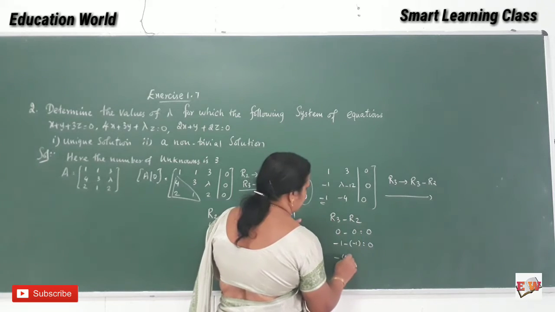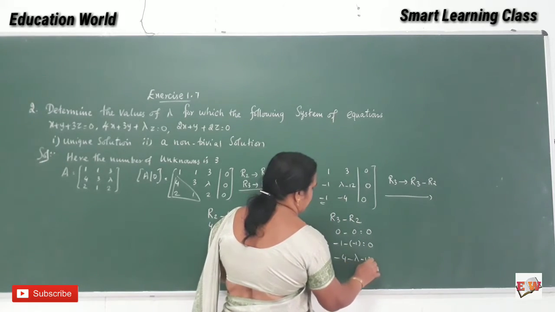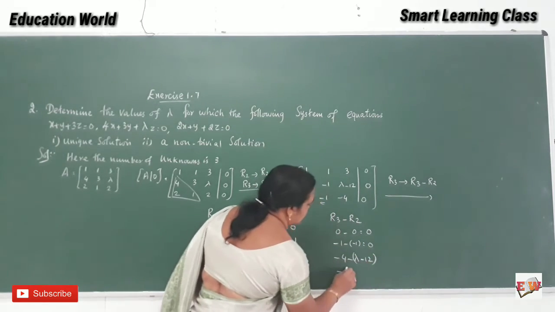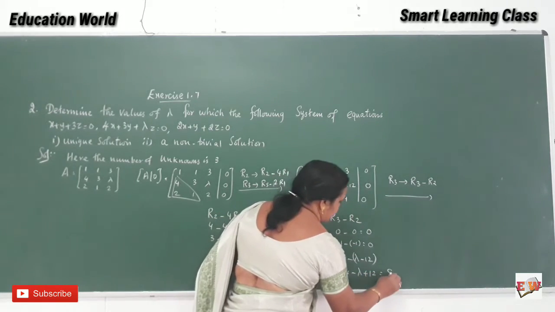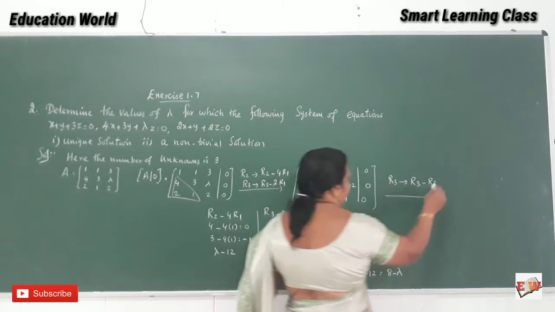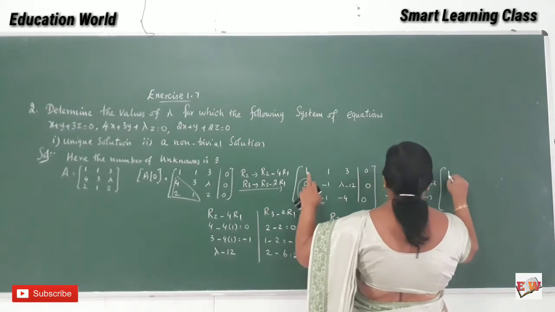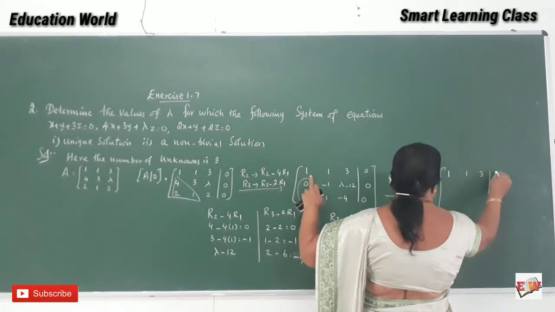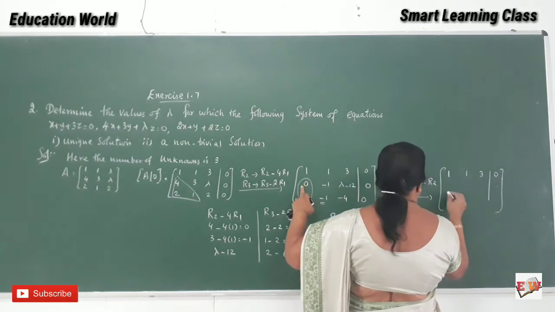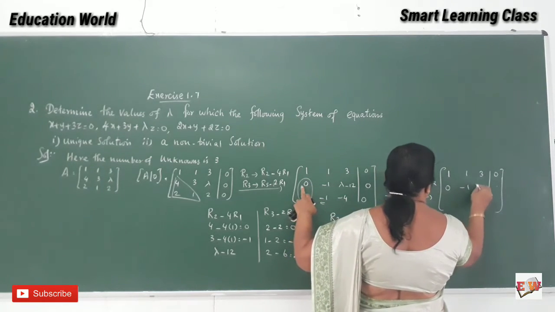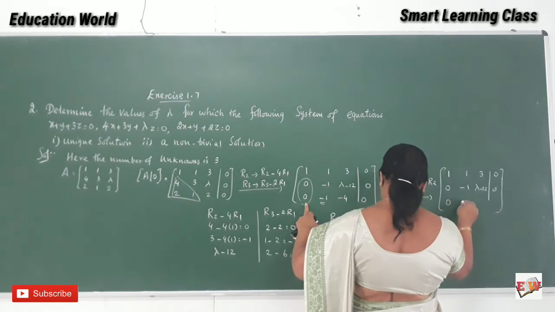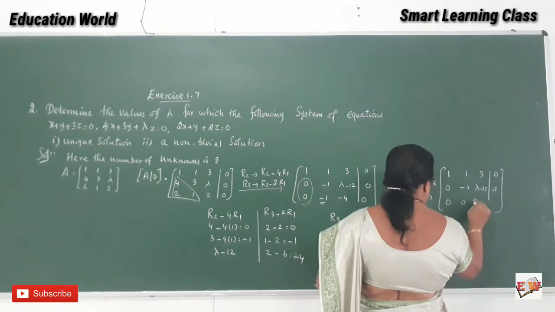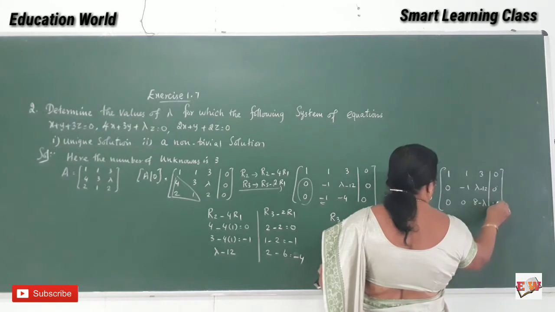Here minus 4 minus of minus lambda, so minus 4 minus lambda plus 12, 8 minus lambda. First row as it is. Second row: 0 minus 1 lambda minus 12 equal to 0. Third row: 0 0 8 minus lambda equal to 0.